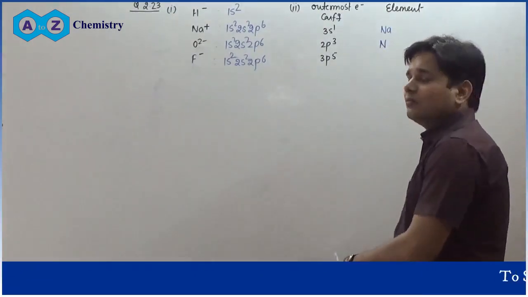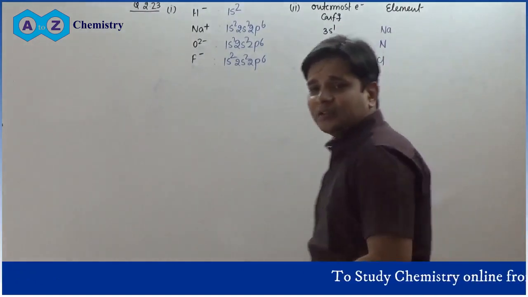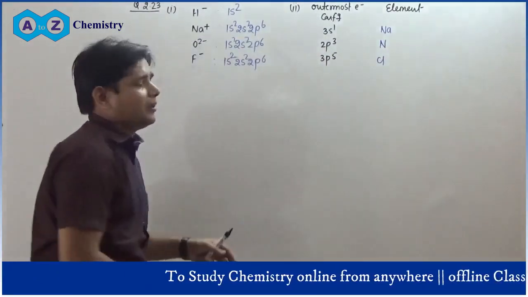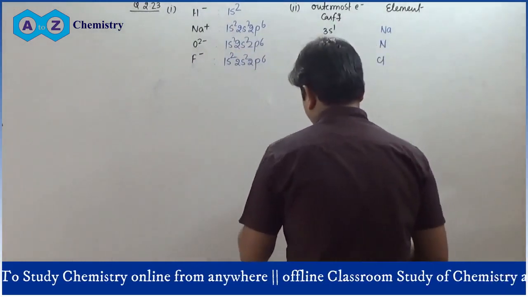And 3p5 is the configuration of chlorine, because chlorine is in the third period and has 7 outer electrons, 3s2 3p5. So these are the elements with the given outermost electronic configurations.